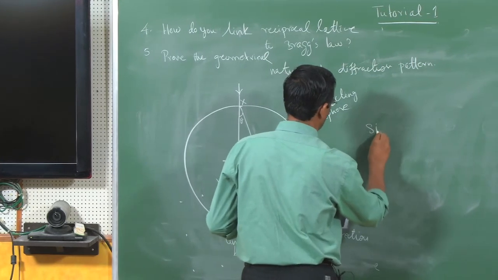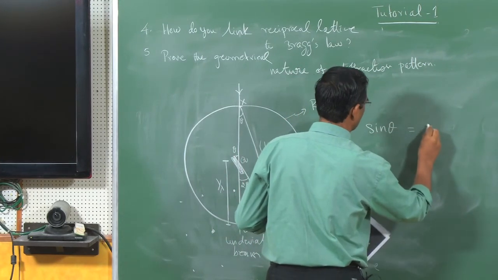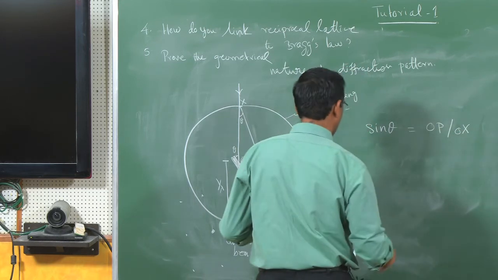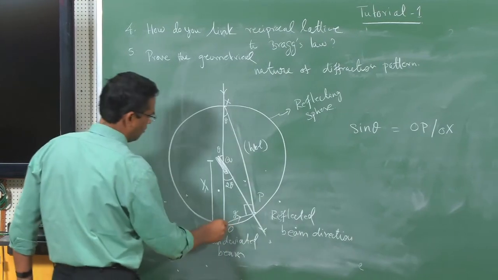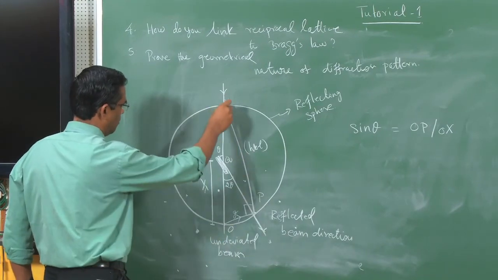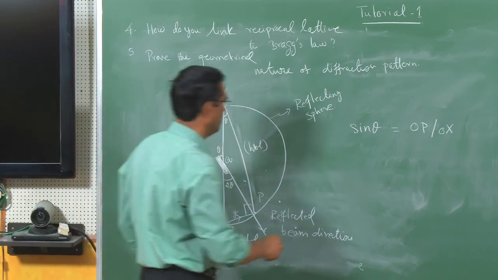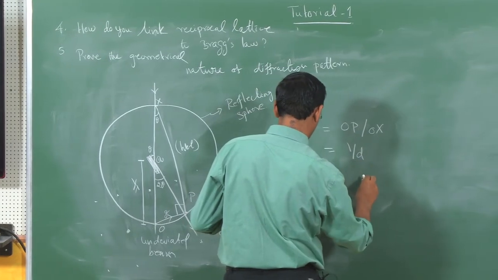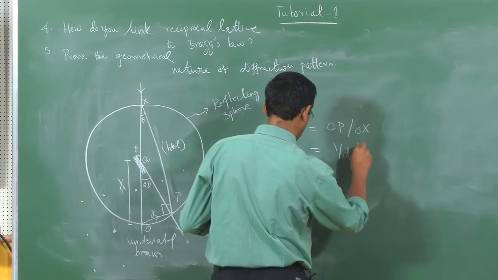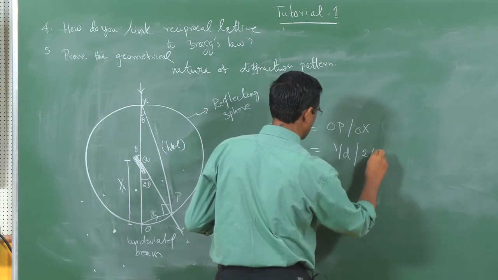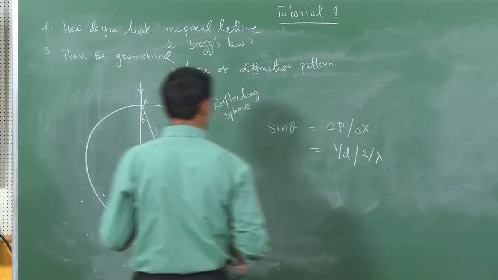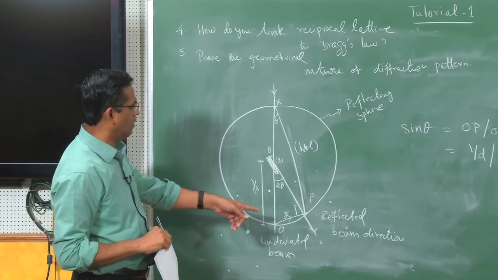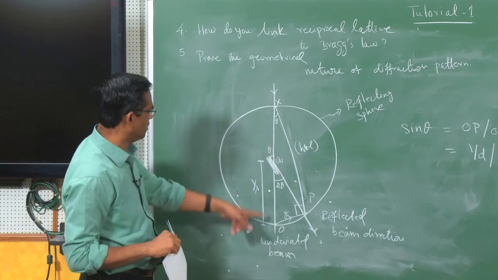Sin theta is equal to OP by OX, which is nothing but 1 by d divided by OX, which is 2 by lambda.